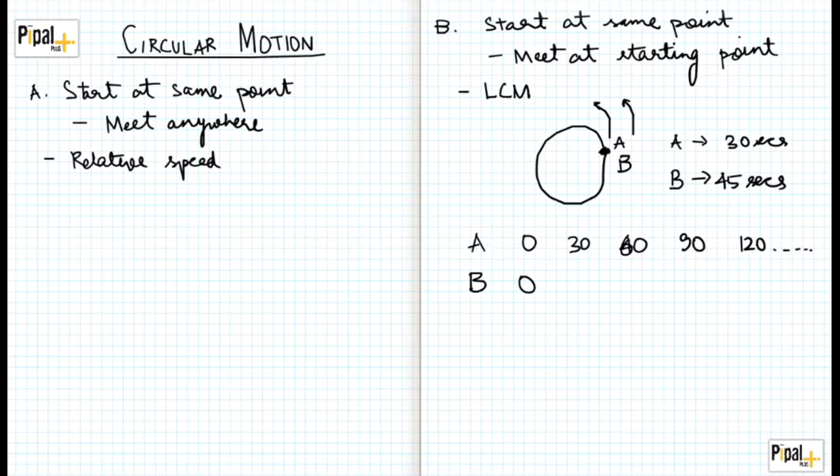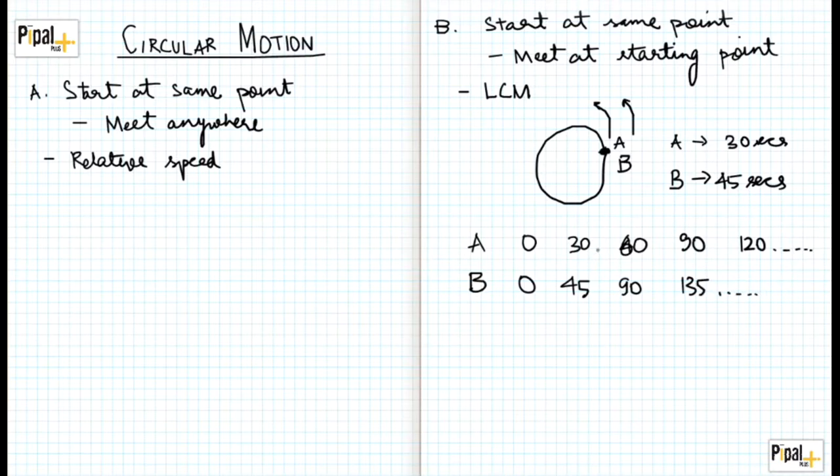So it's all the multiples of 30 seconds that A is at the starting point. Likewise, B is at the starting point at all the multiples of 45, right? So B is at the starting point at time equals 0, then 45, then 90, then 135 and so on, right?